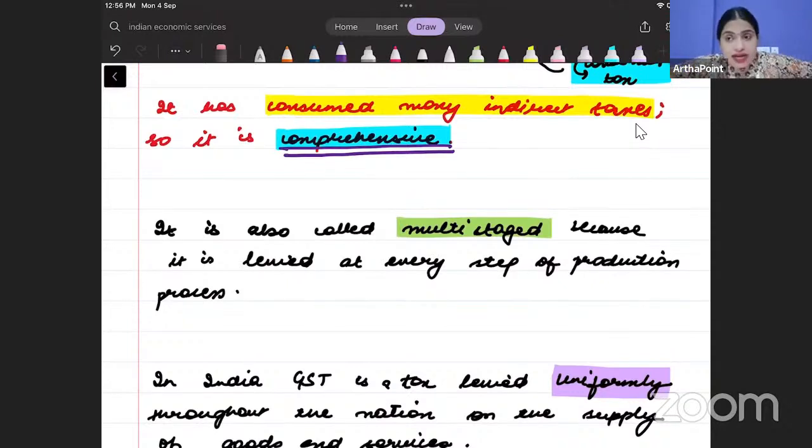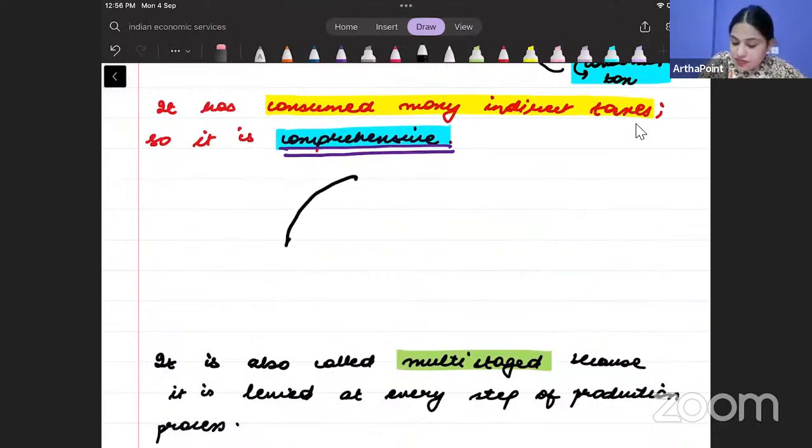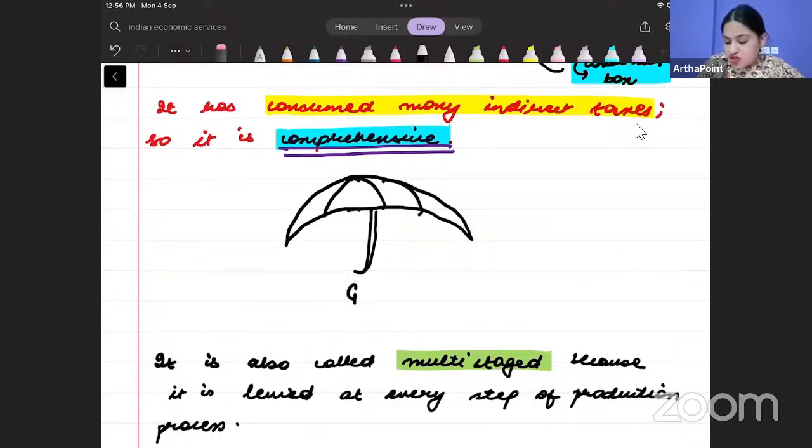इन सारे इनडायरेक्ट टैक्सेस को हमने एक अम्ब्रेला के अंदर लिया है. We brought it under one umbrella and we called that as GST. So how can I just remember this? I can remember it exactly like an umbrella. I can say that this is my GST. ये GST है. And पहले क्या थे? इस umbrella के अंदर जो अलग-अलग taxes आते थे, we have brought it under one roof.